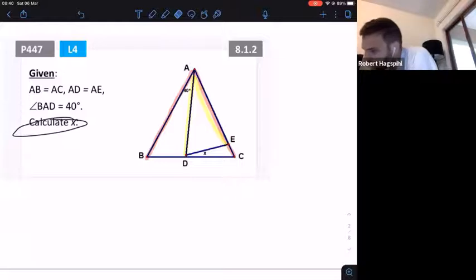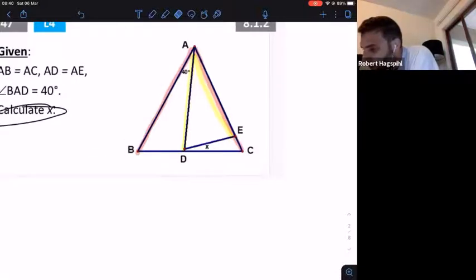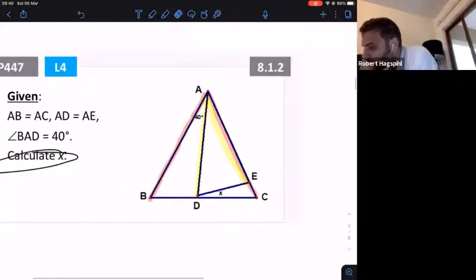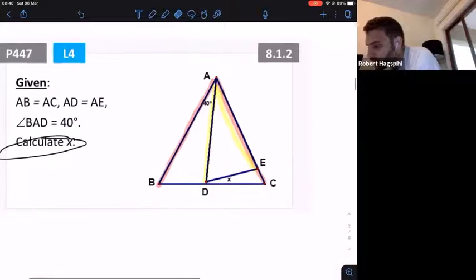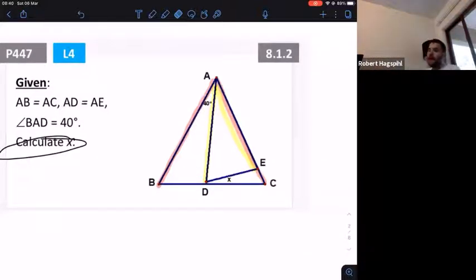Okay, cool. So they've told me the two red lines are equal, AB and AC. I don't know quite how I'm going to link that yet. Again, some of you who did algebra probably did it completely differently to what I did, right?